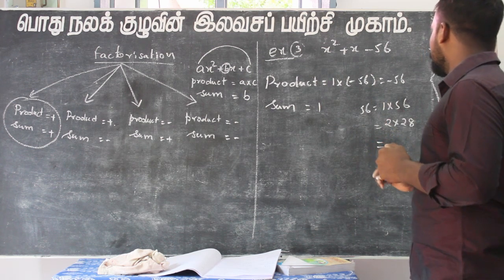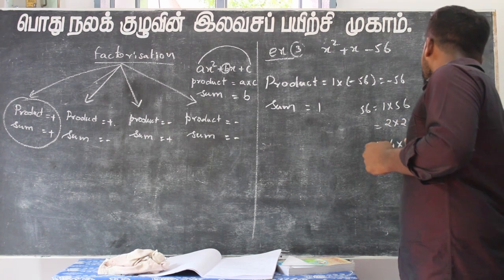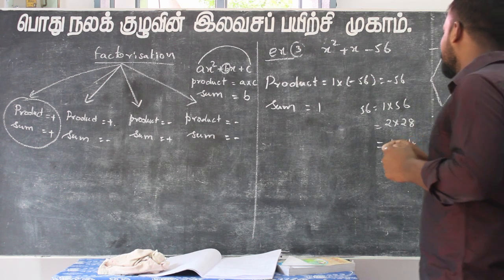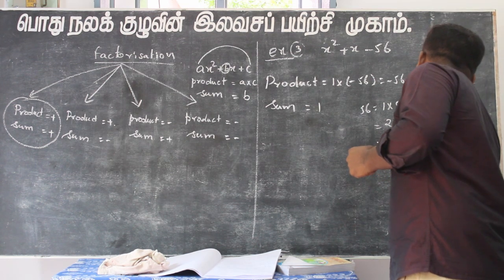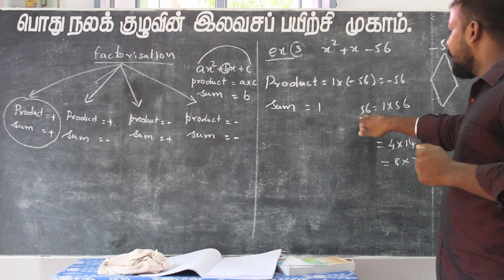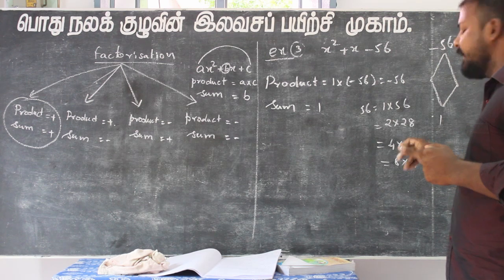Then 3 is not possible. 4 into 14. Then what is the next possible? 8 into 7. So only these cases are possible for factors of 56: 1 into 56, 2 into 28, 4 into 14, 8 into 7.